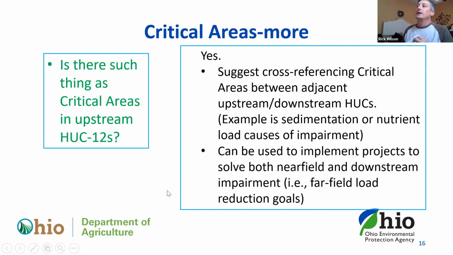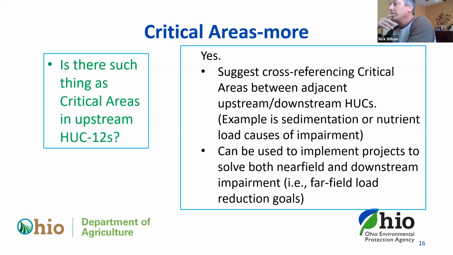Real quick on critical areas upstream. This came about when we first started trying to do an example. We had a monitoring location at the upstream portion of a HUC 12 that was impaired, and the sources obviously at that location had to be coming from the upstream HUC. So what we suggest, and this goes vice versa, upstream to downstream or downstream to upstream, is to cross-reference those critical areas.